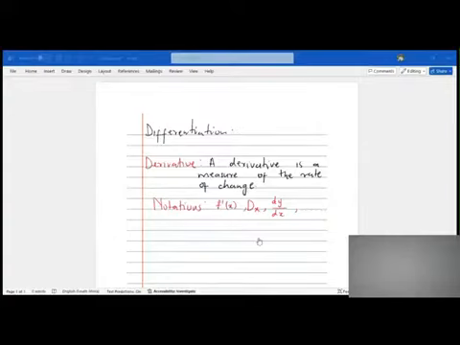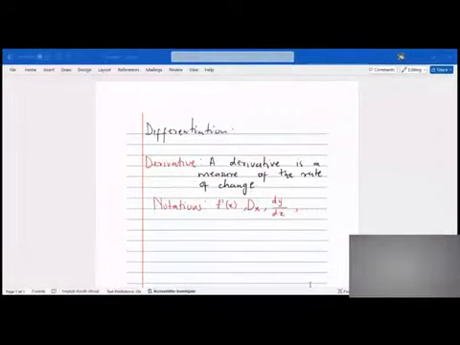Let's copy. Right, so let's try to then continue.